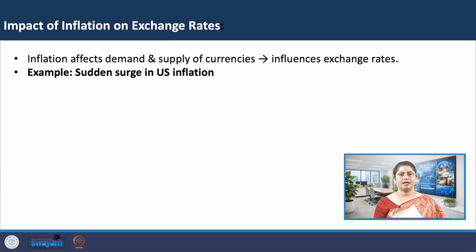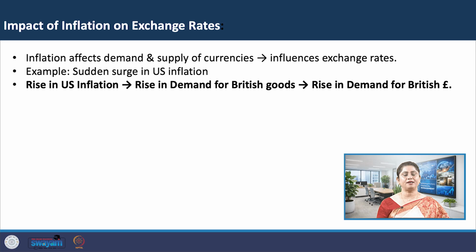Now, let us understand the individual impact of inflation on exchange rates. Imagine there is a sudden surge in inflation in the United States. What happens? US goods become more expensive. Foreign buyers start shifting their purchases away from US goods towards relatively cheaper British goods. This increases the demand for British goods, and it translates into increased demand for British pounds, because to buy British goods you need British pounds.